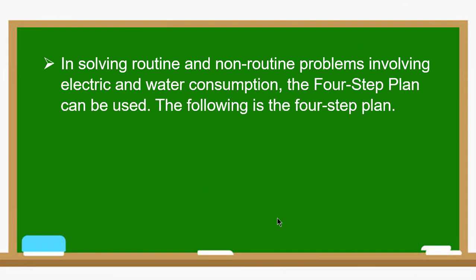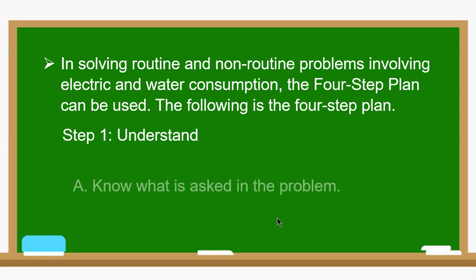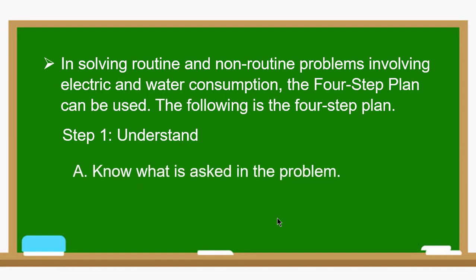In solving routine and non-routine problems involving electric and water consumption, the 4-step plan can be used. The following is the 4-step plan. Step 1. Understand. A. What is asked in the problem? B. Know the given facts. Step 2.